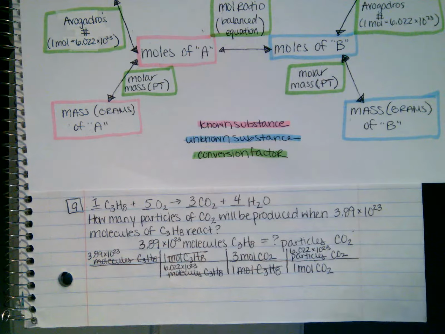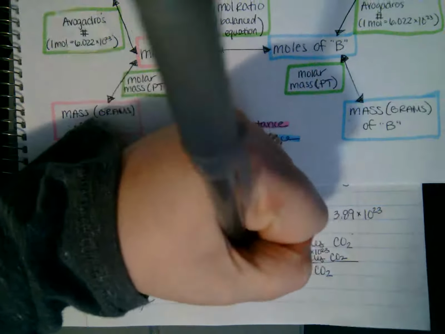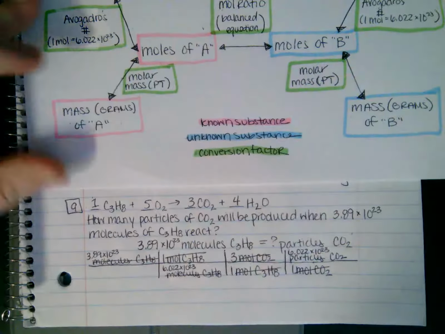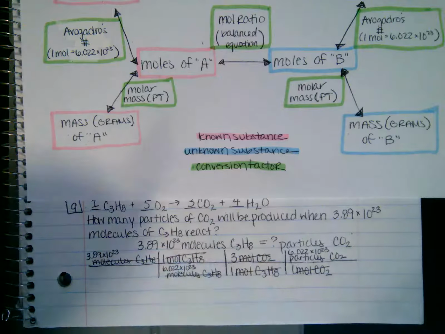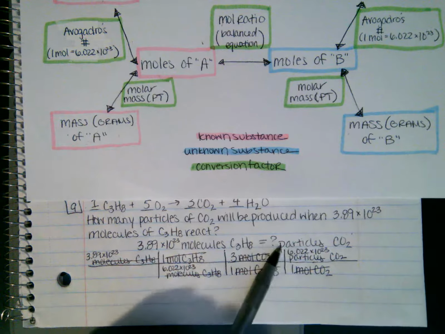So in this last step, we have canceled out moles of carbon dioxide. And that's it. Our last unit is particles of carbon dioxide, which is what we were looking for.